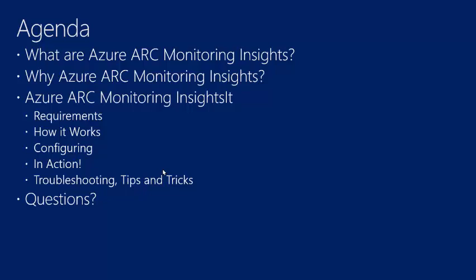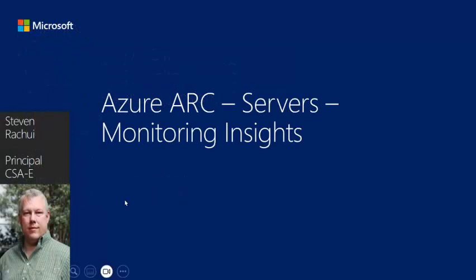So another way to think of it, if you like the management capabilities in Azure and you have workloads in other places that you would like to leverage the Azure tools against, Azure Arc is that thing that enables you to do so. So if this, again, is your first time watching a video in this series, know that there is an introduction to Azure Arc. There's also an introduction to Azure Arc for servers where I go through this in a whole lot more detail. That said, let's move on.